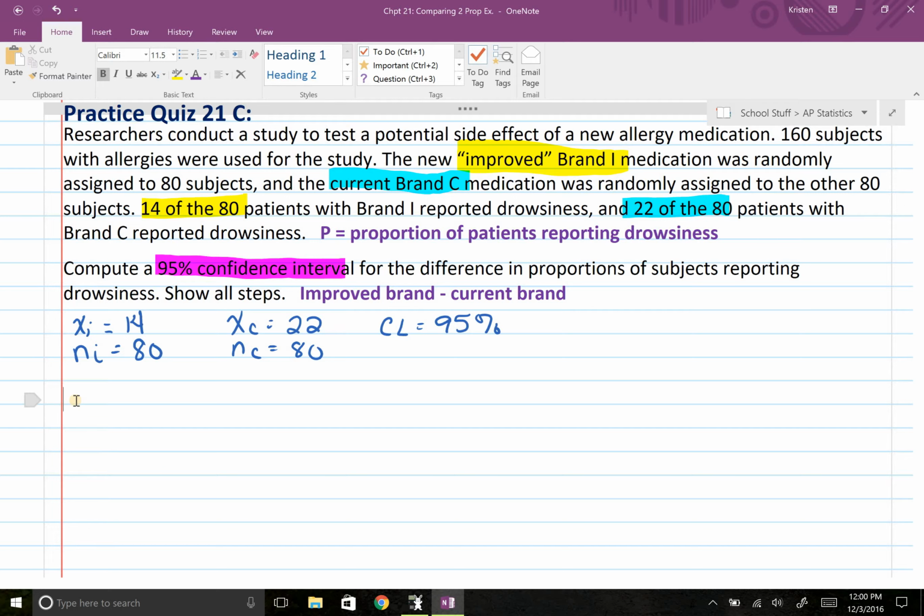Now, this was an experiment. So unfortunately, that means that you usually cannot randomly select your subjects from an experiment. So what we're going to have to say here is that we hope this is going to be a representative sample.